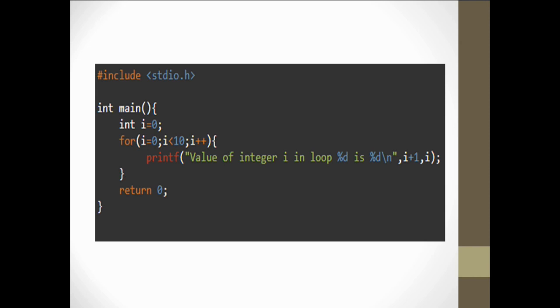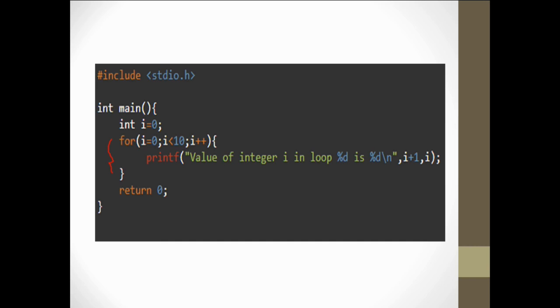First question is this, and the problem you can see is based on for loop. Here you can see I have used the for loop, and inside this for loop I am just printing one statement.